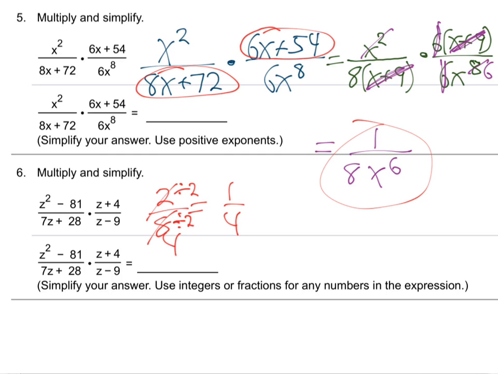All right, I want to try number 6. Same kind of thing. It's a bunch of factoring, really. Factor the top and the bottom of that first fraction, right?